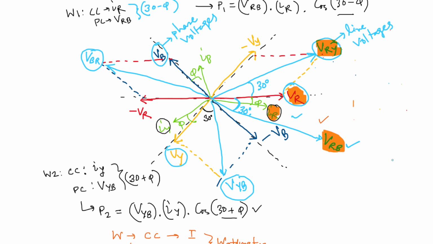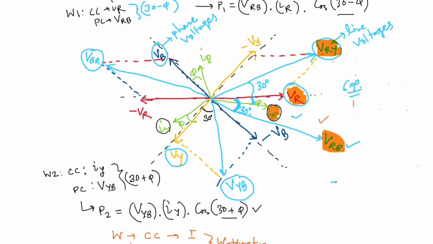You can understand this angle was 30 degrees, and this was 36.9 degrees. So the angle between IR and VRB is 36.9 minus 30, so it is only 6.9 degrees. But this time the diagram is a little bit different.